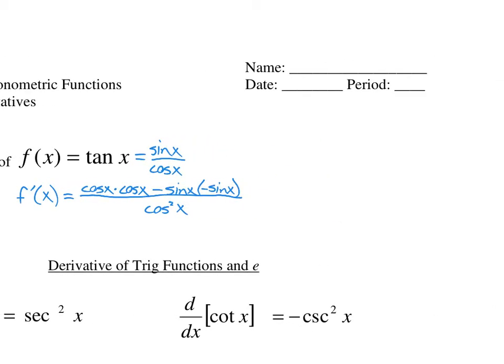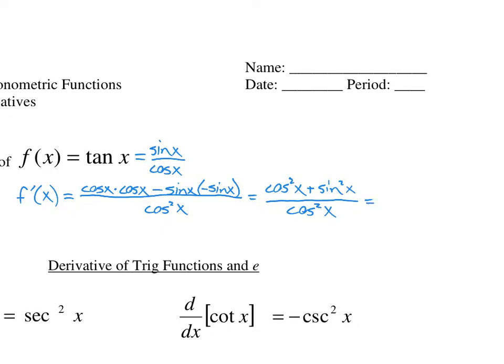So, we see here that in the numerator we have a cosine squared x plus a sine squared x, because we have a double negative, all over cosine squared. And what's sine squared plus cosine squared equal? 1.